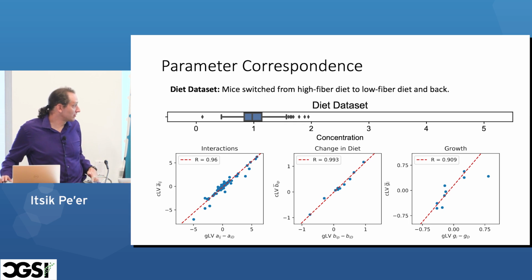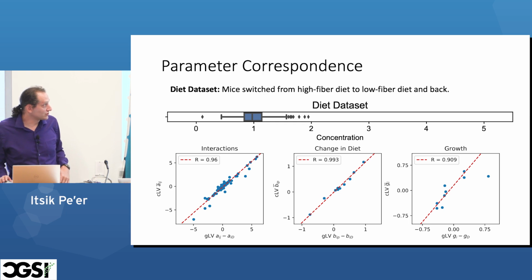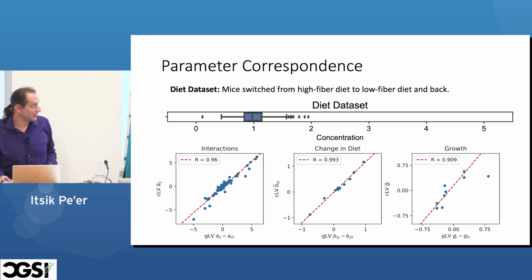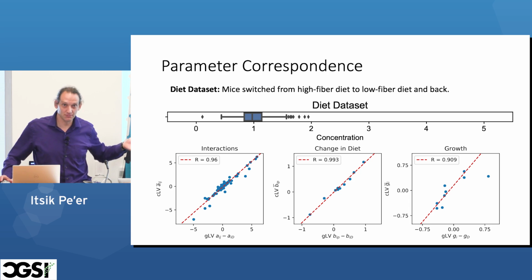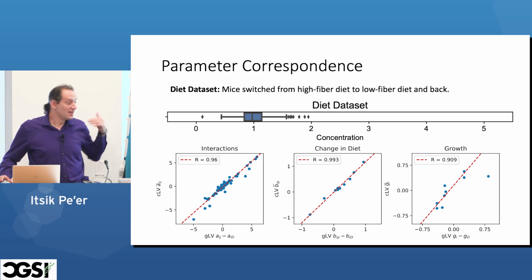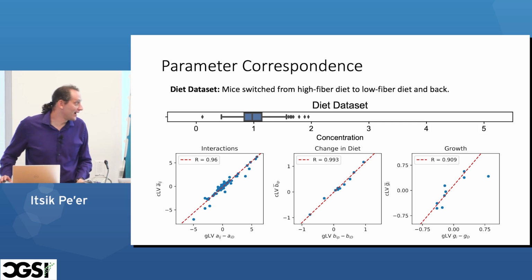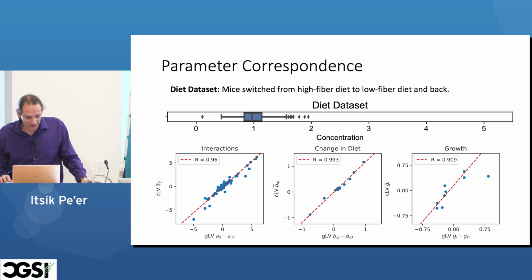So the coefficients for the interaction matrix and for the perturbation matrix, in this case a perturbation vector, because the perturbation is a change in diet, were actually very good. The growth rate is fine, even if not great.